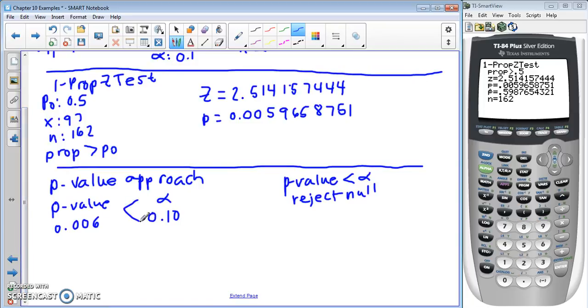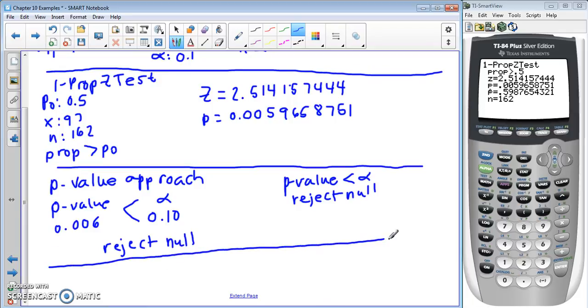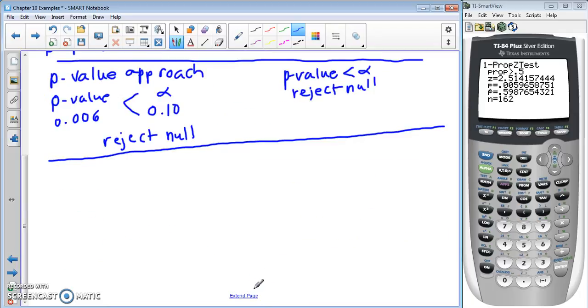So our p-value is less than alpha, so we are going to reject the null hypothesis. There's our p-value approach. So we know we should get the same result from the classical approach.